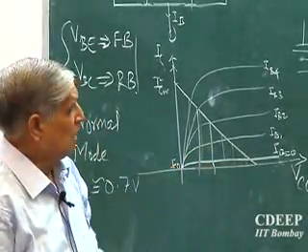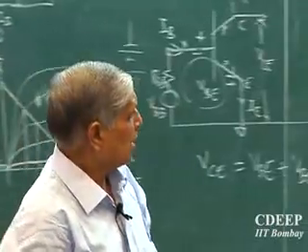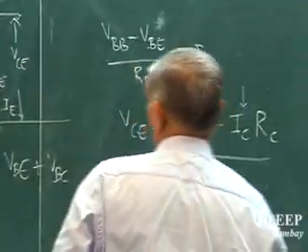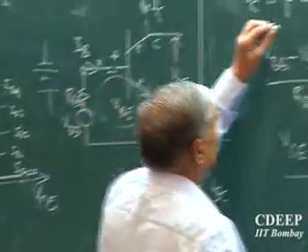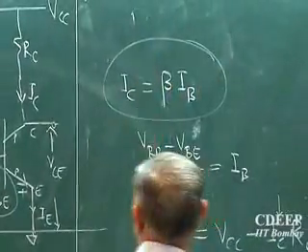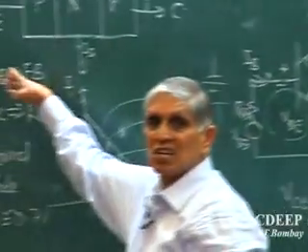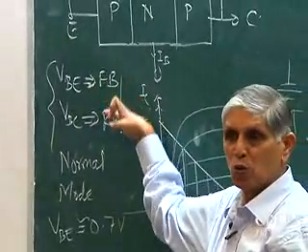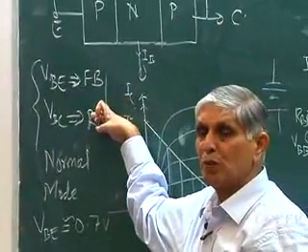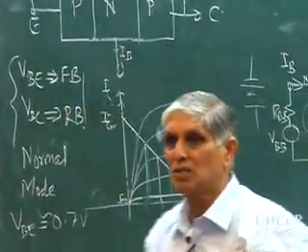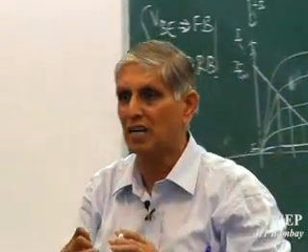Is that correct? Now the problem starts somewhere ahead of it. So as long as this relation holds, as long as the base emitter junction is forward biased and the base collector junction is reverse biased, IC will be proportional to IB by beta times.